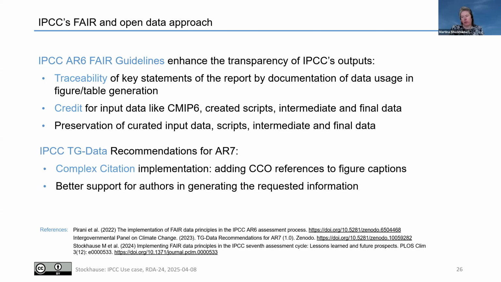Usually figure captions are really long, so we really need a short notation to get them into these figure captions. And the second experience which we had was that the authors were overwhelmed by our requests. So one really important lesson we learned is that we have to support them better in generating all the requested information.